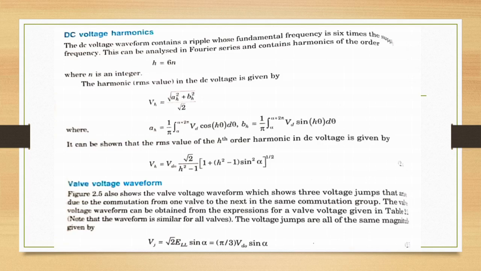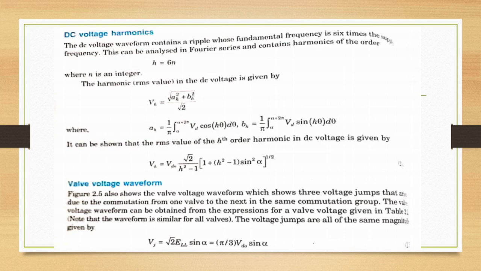The DC voltage waveform contains ripple whose fundamental frequency is 6 times the supply frequency. So this can be analyzed in Fourier series and contains harmonics of the order h equal to 6n, where n is an integer. The harmonic in the DC voltage is given by Vh is root of Ah square plus Bh square by root 2. Ah is 1 by pi integral from alpha to alpha plus 2 pi of Vd cos h theta d theta.